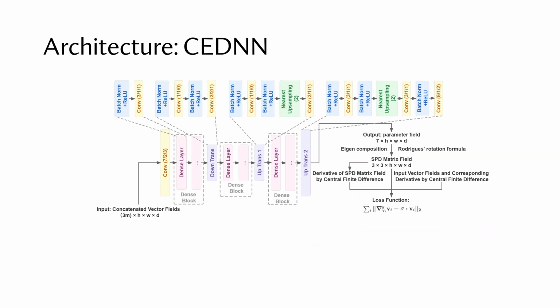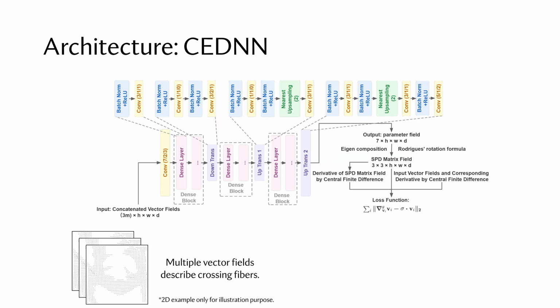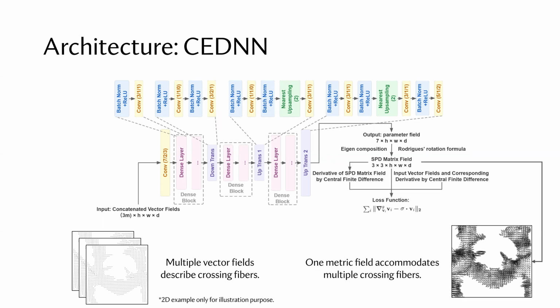The main workflow is analogous to the previous formulation, except that this time we send the whole vector field into the CNN, concatenated from multiple vector fields describing the crossing fibers, and the output is a 7-channel 3D volume. Then we use these 7 channels to construct a 3D matrix field. It is the final estimated metric which can accommodate multiple crossing fibers.